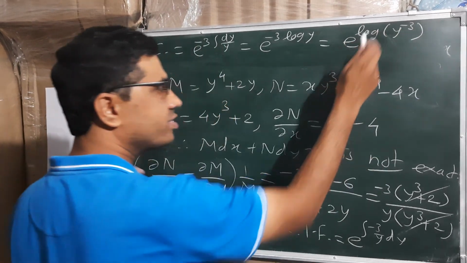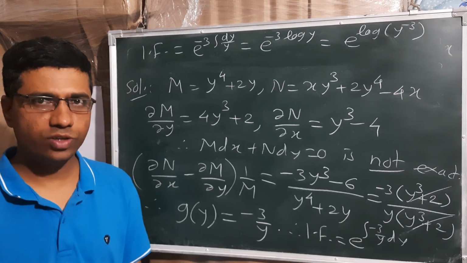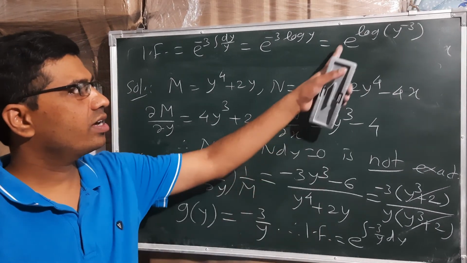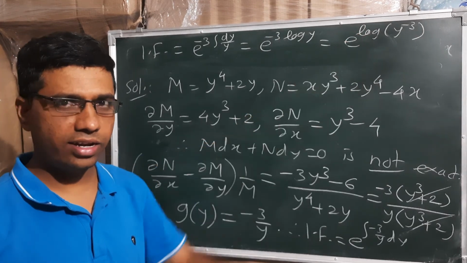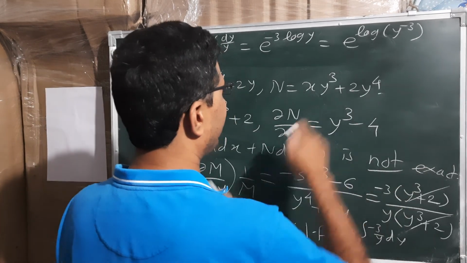Exponential and logarithm are inverse functions of each other, so their composition is identity. So this is simply y raised to minus 3.